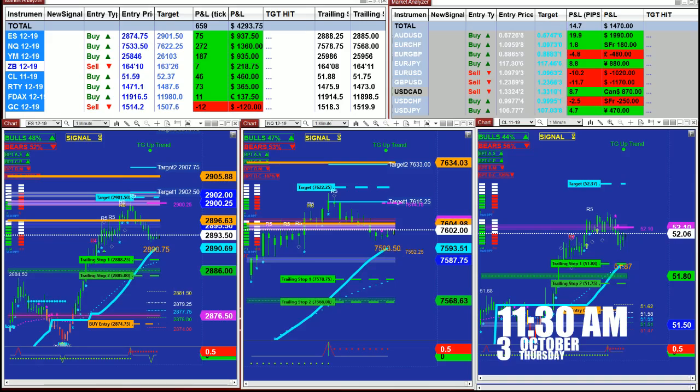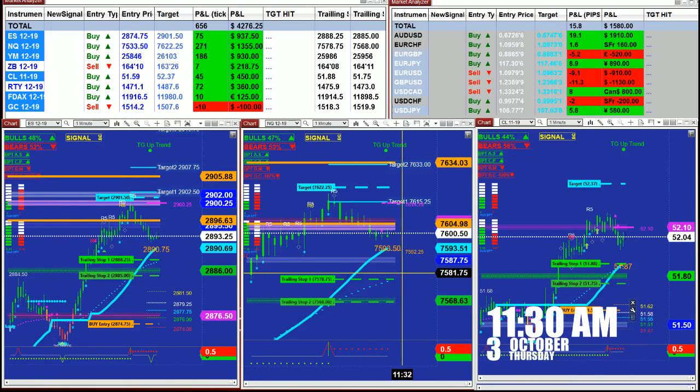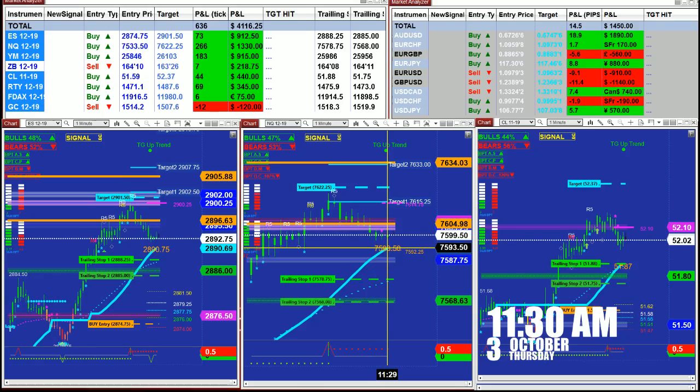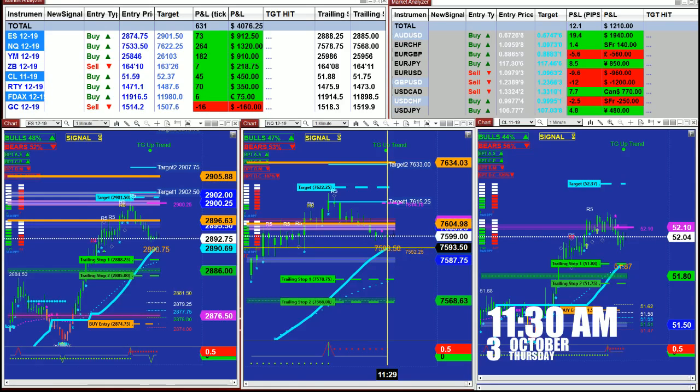Very, very important, those entries. And as you see, we do not have short. We do not have short, guys. Those are keys. We do not have short yet.